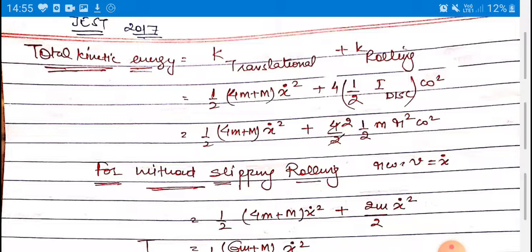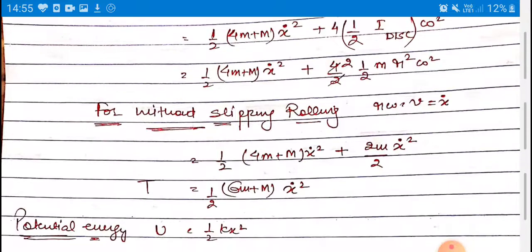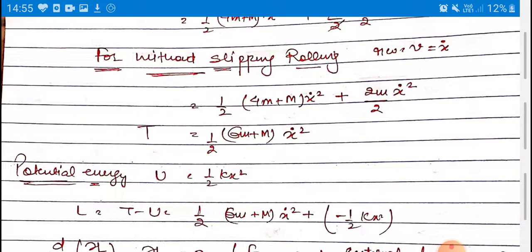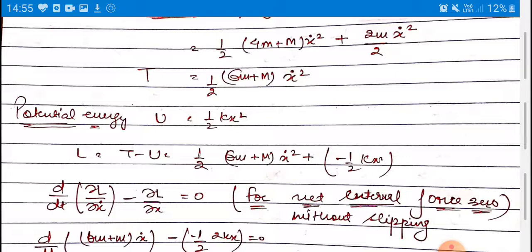You can see the total mass is 4m plus capital M, and by solving, the disc's moment of inertia is m r square by 2, and since the body rolls without slipping, r omega is x dot. Solving that, I have calculated the kinetic energy. At the same time I calculate the potential energy and form the Lagrangian.